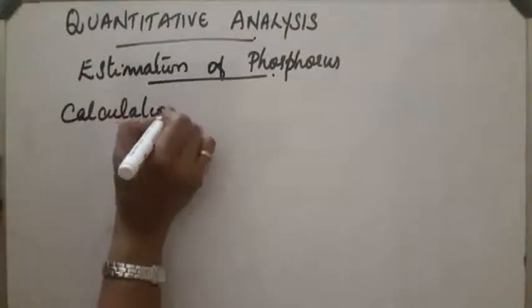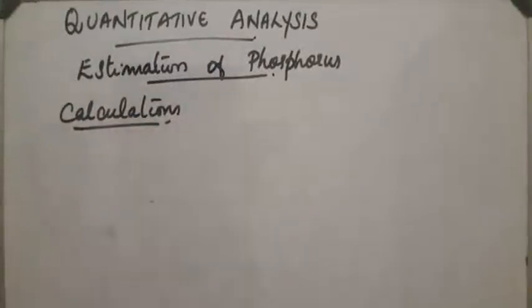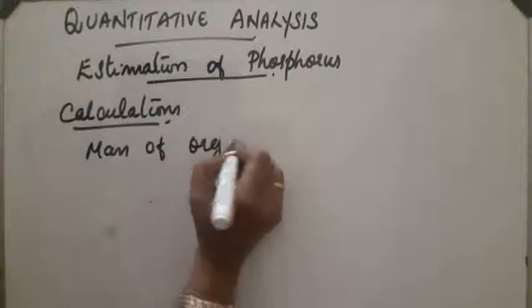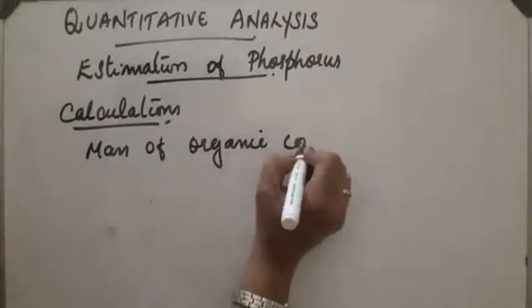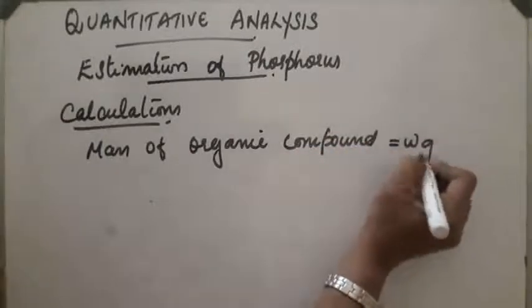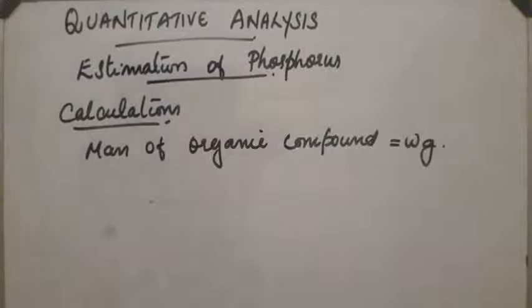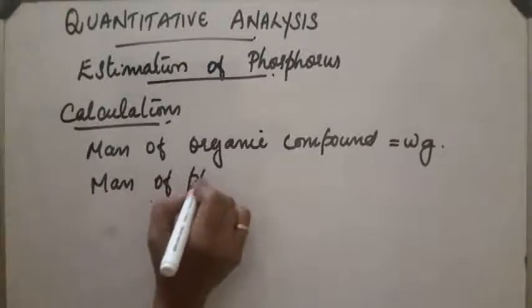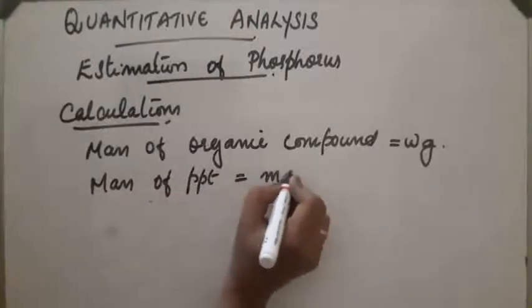Here are the calculations in the case of ammonium molybdate precipitation. Let the mass of organic compound be W gram, and the mass of the precipitate, ammonium phosphomolybdate obtained, let it be m gram.